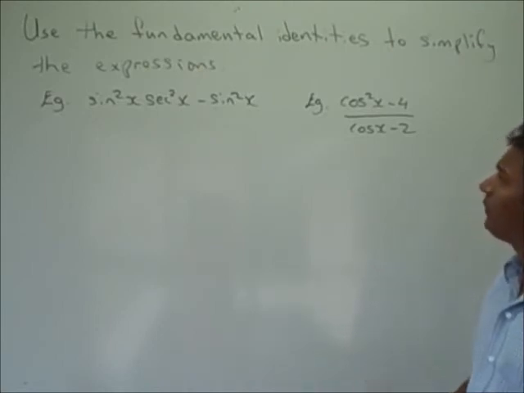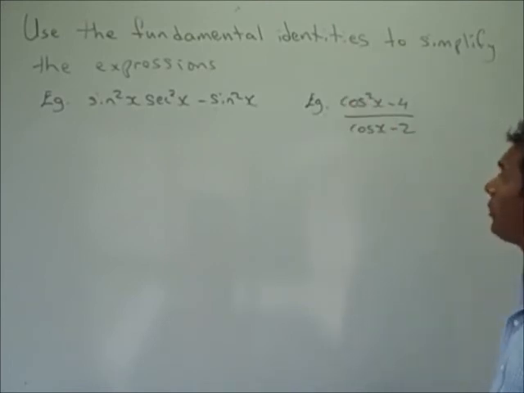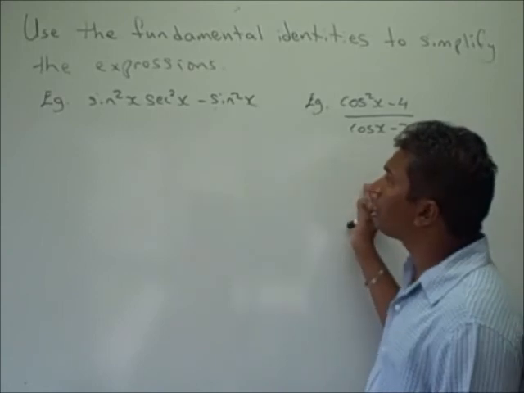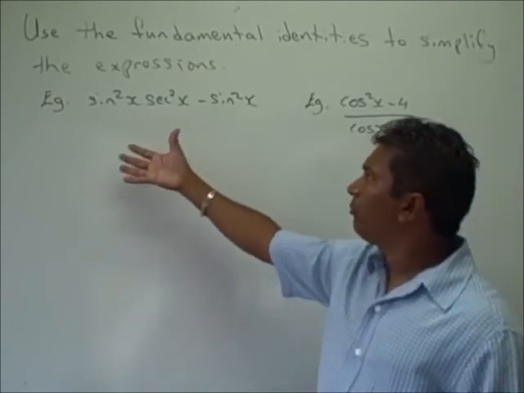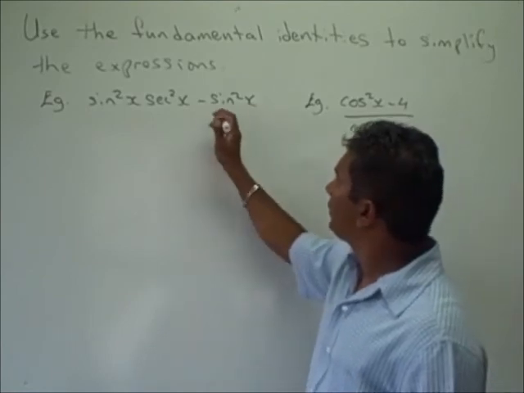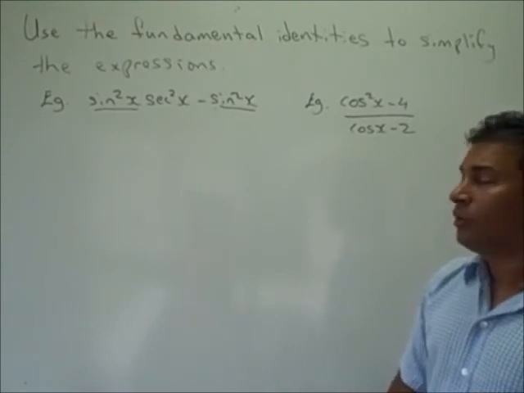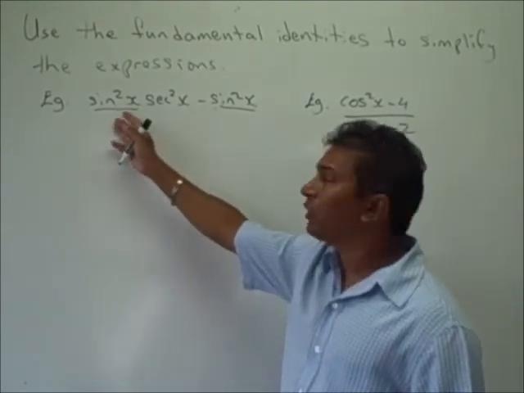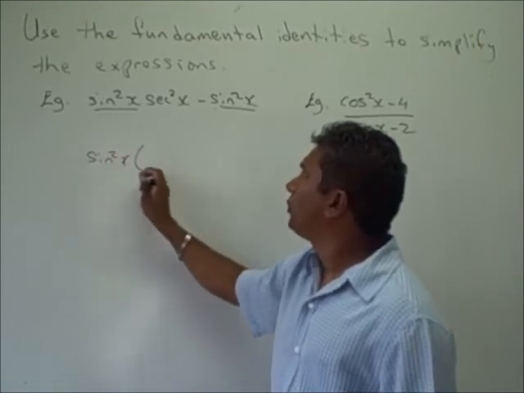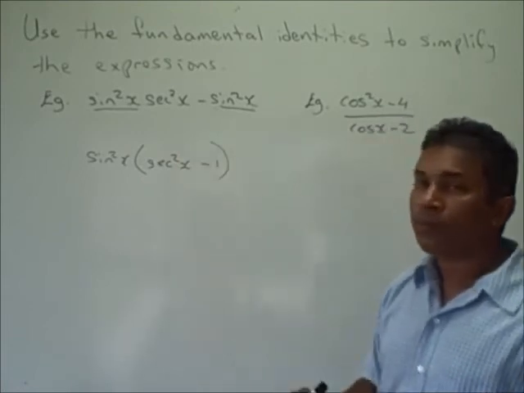In these two examples, we're using our fundamental identities along with some of our algebra skills to simplify these two trigonometric expressions. In the first one, we have a binomial. We can see from this binomial that sine squared x is common to both terms. So sine squared x is our GCF. We can factor out our GCF of sine squared x, which leaves us with secant squared x minus 1.